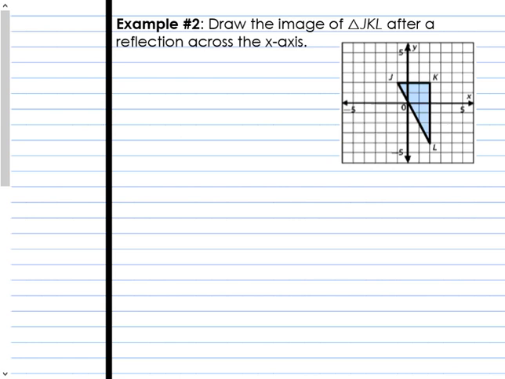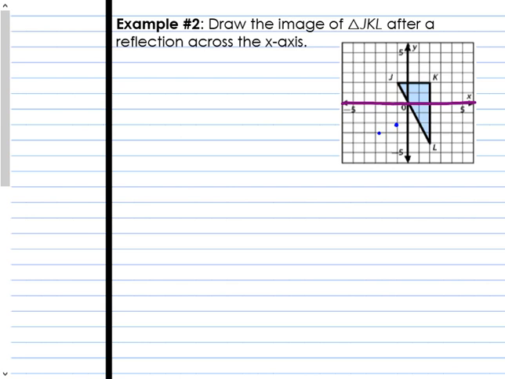So this time we're going to reflect across the x-axis. That means J and K are going to be below the x-axis, and L is going to be above the x-axis. So J is 2 above the x-axis, so now it's going to be 2 below the x-axis. It's staying in the exact same spot on the x-axis at -1, but now it has a new y-coordinate.